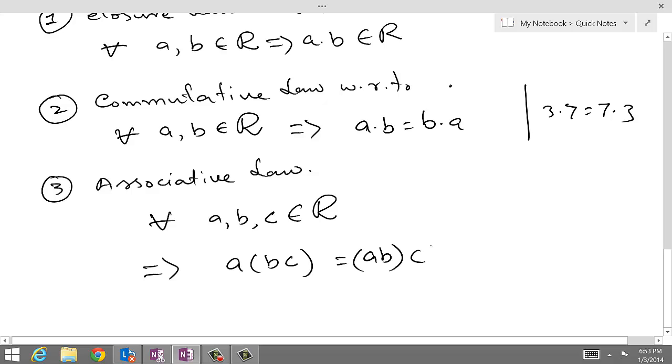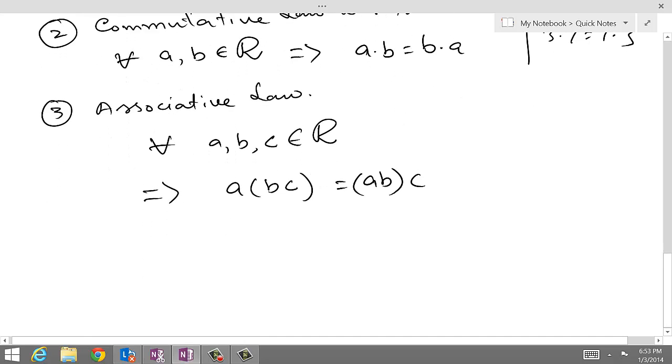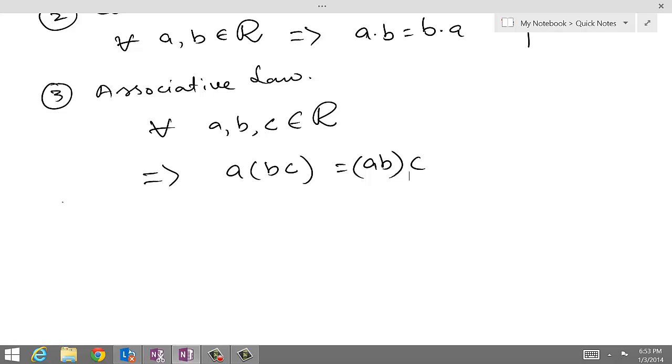This is same like if you take the product of b and c first and then multiply the product with a, or you take the product of ab first and then multiply with c. Numbers within the brackets always are multiplied first.